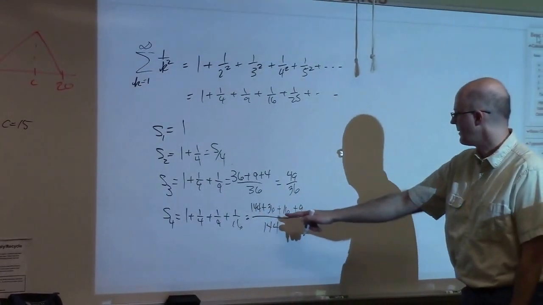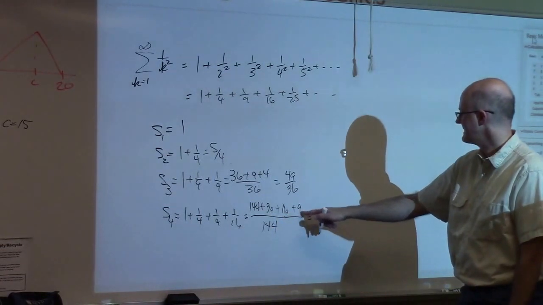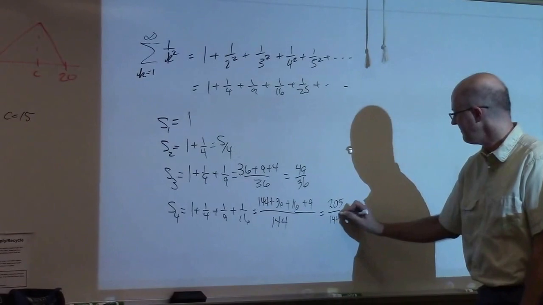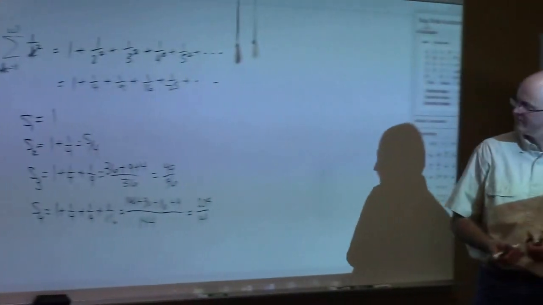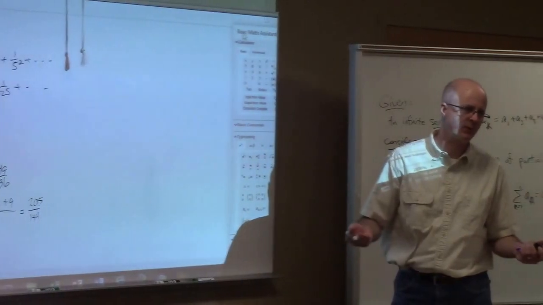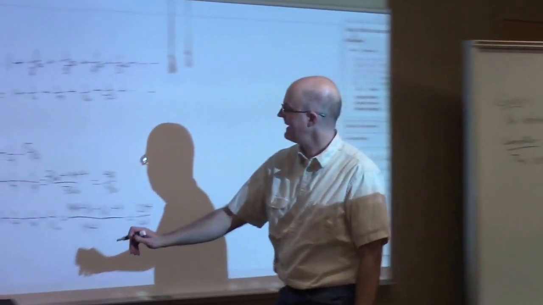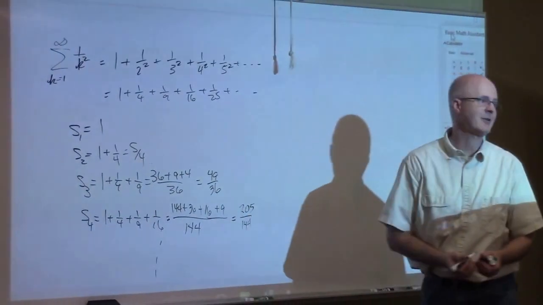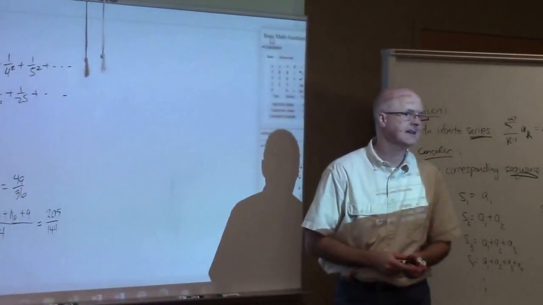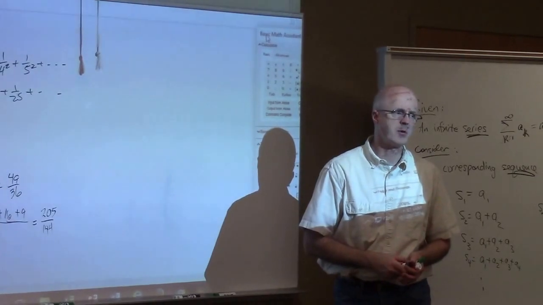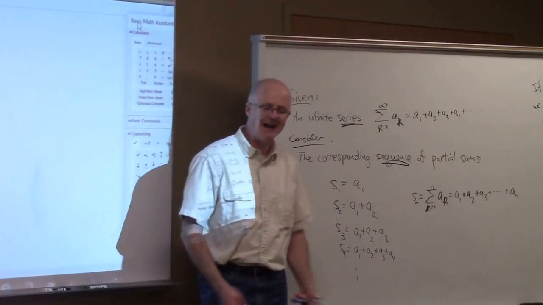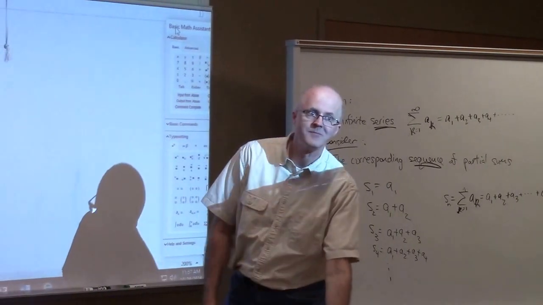This plus this is 180, plus that's 196, plus that is 205 over 144. And that cannot be reduced further. The 144 is a perfect square, but not 205. Etc. There's no clear pattern here to what these numbers are. And indeed, as far as I know, there's no simple formula for these partial sums. The nth partial sum, as far as I know, has no simple formula.